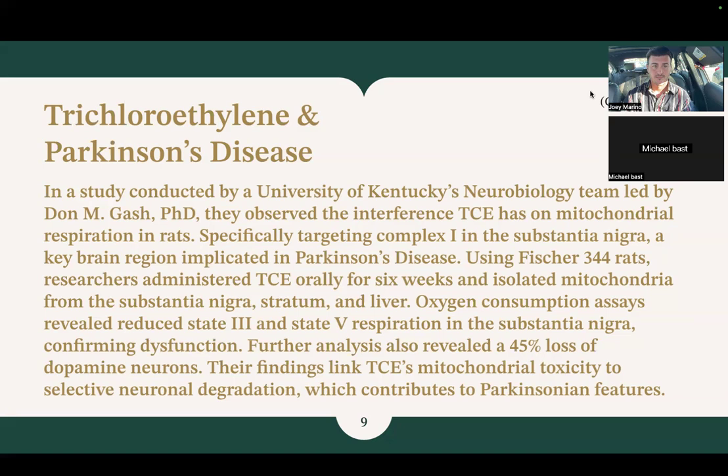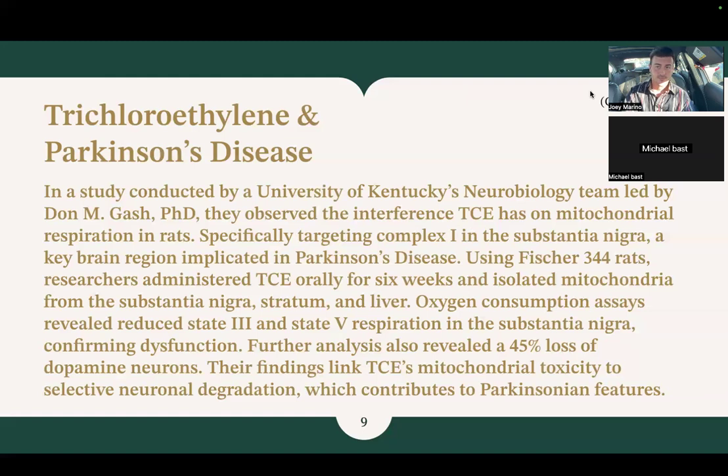They observed the interference by specifically targeting complex 1 in the substantia nigra, which we can just refer to as SN, and it is a key brain region that is implicated in Parkinson's disease.